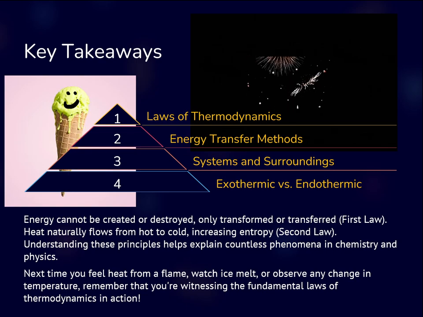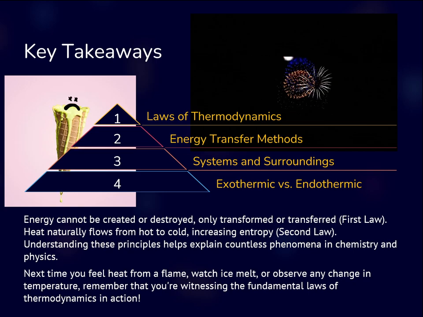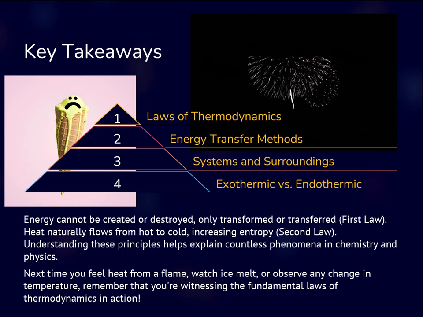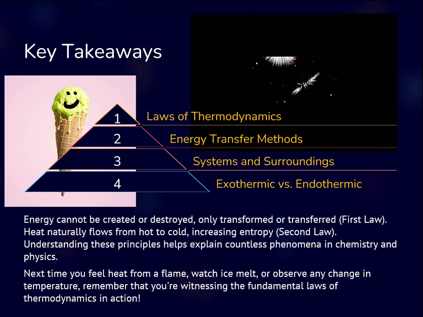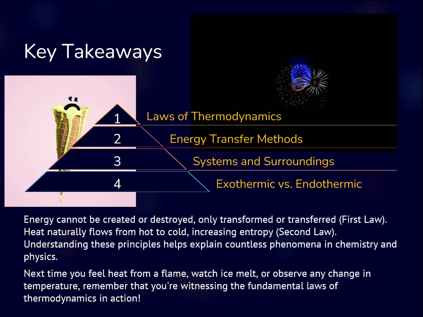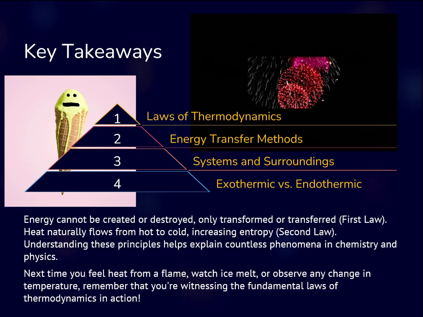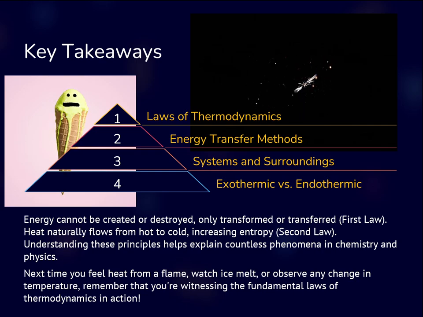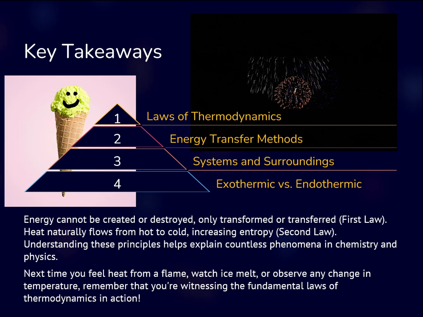Next, we have the idea of systems versus surroundings. This helps us define where energy is and where it's coming from. Then we have the idea of exothermic versus endothermic reactions. These tell us if energy is being released or absorbed. And lastly, heat transfer happens through conduction, convection, and radiation.